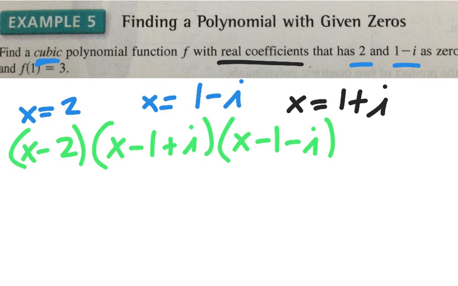And then we're going to distribute. So remember yesterday I told you, make sure you multiply the conjugates together first, because they help the imaginary units cancel. Okay, so let's go ahead and distribute here.